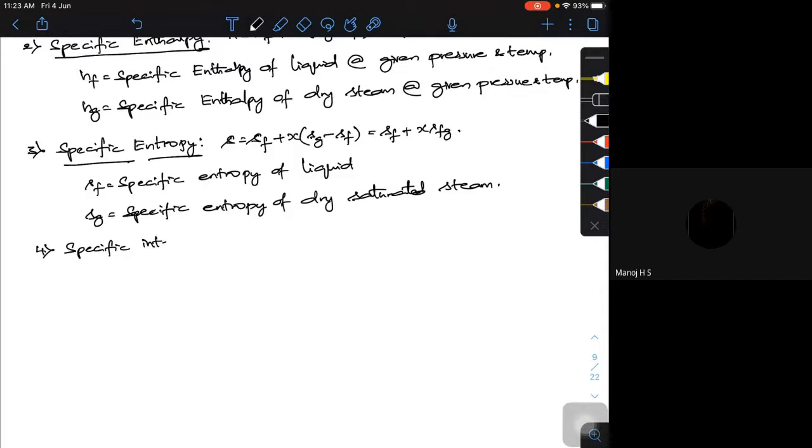If I want to calculate it, let us look at the definition of enthalpy. The equation for enthalpy is H is equal to U plus PV, where H is the specific enthalpy, P is the pressure, and V is the specific volume. Or I can write U is equal to H minus PV. So if I know the specific enthalpy, the pressure and the specific volume, I will be able to calculate the specific internal energy easily at any given point.